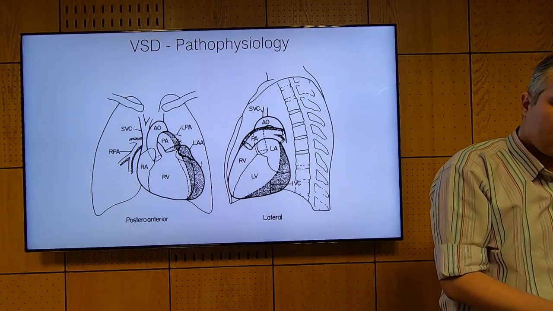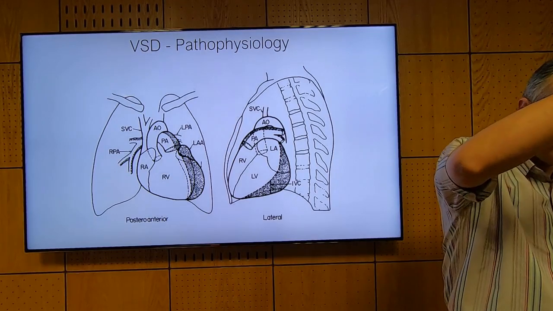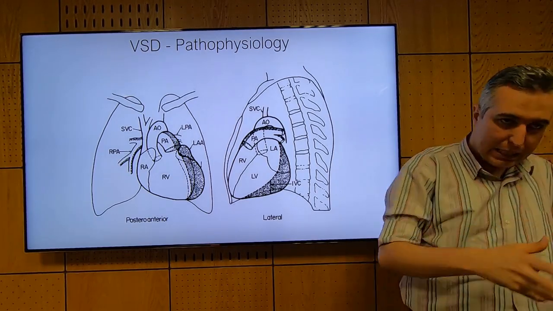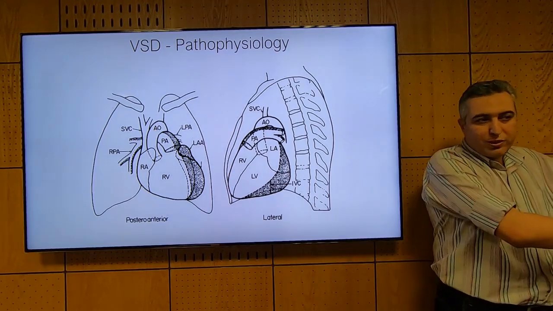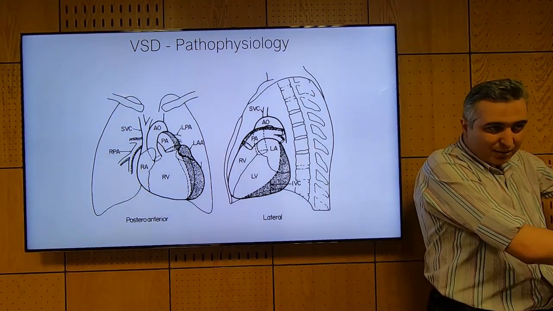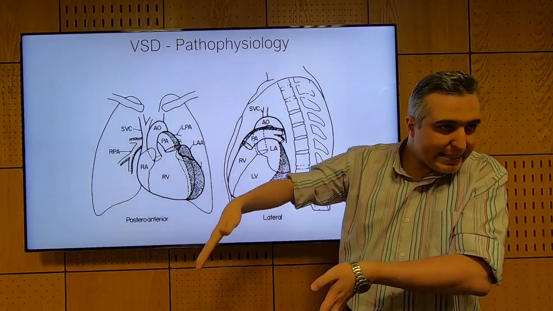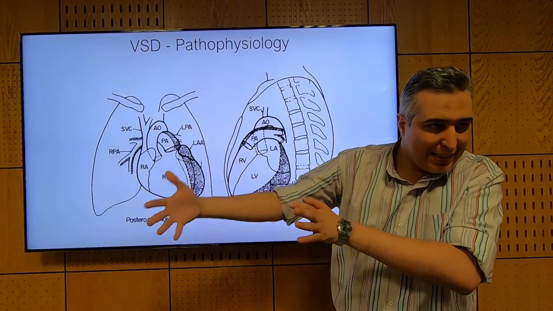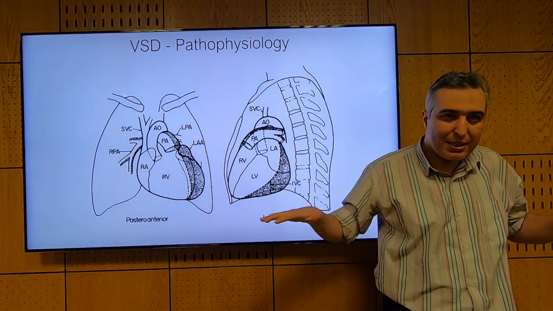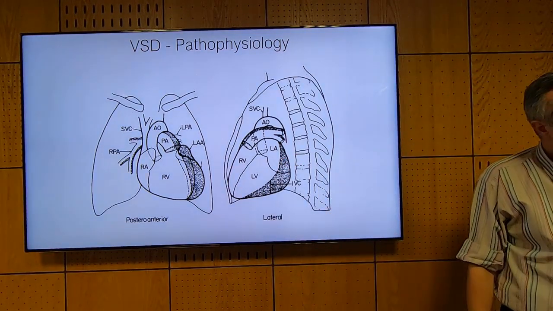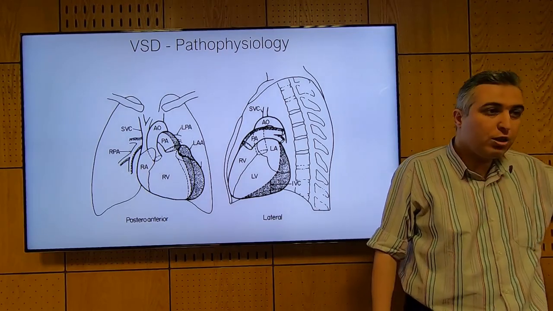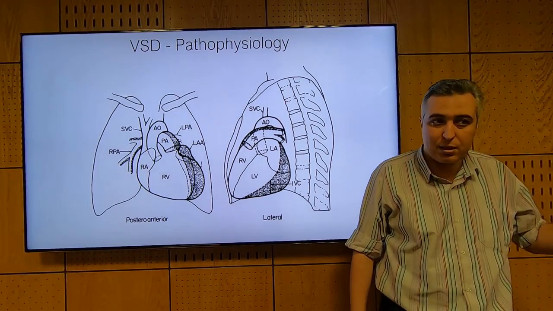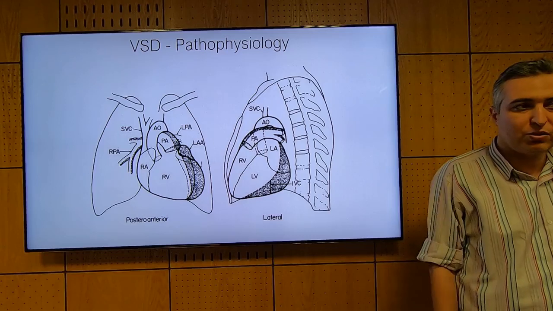So QP:QS is 3 to 1. A patient with VSD, QP:QS 3. A patient with ASD, QP:QS 3. Would they become Eisenmenger at the same time? No. This will occur in VSD much earlier. Why is that? Although it's the same amount of blood flow.